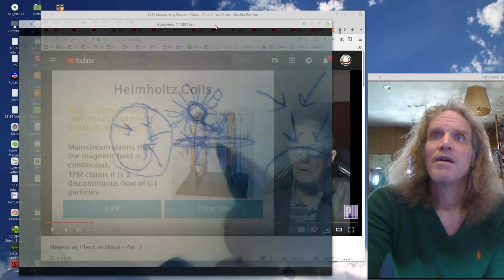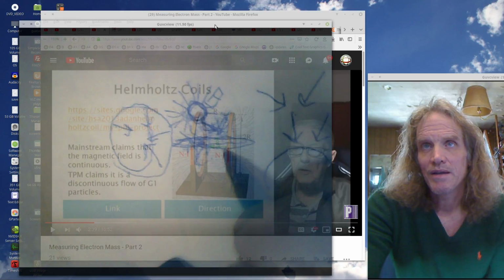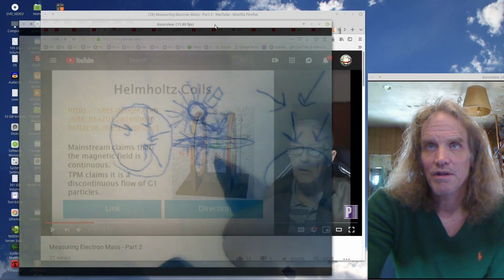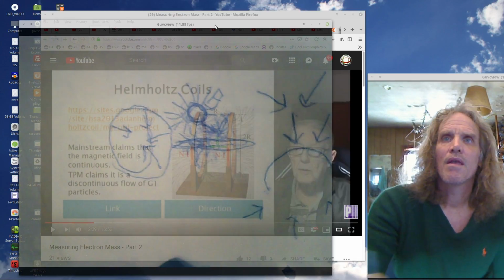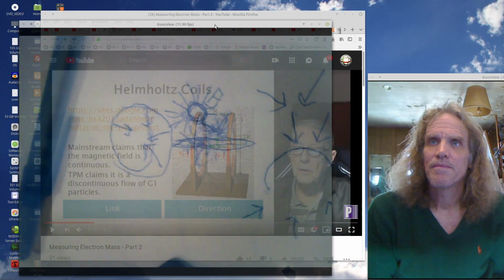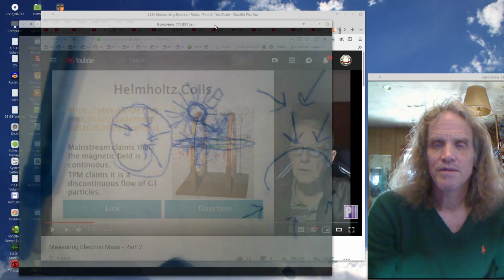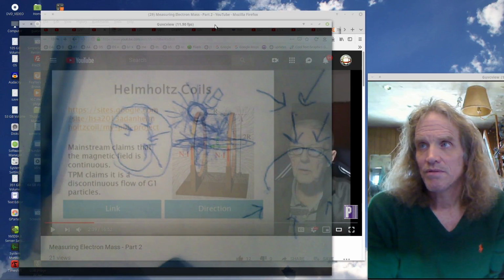And so no matter where you go, up or down or this way, you'll always be in a proportional amount of force, and you'll be deflected appropriately. So like I said, there is no movement through those two fields. It's an illusion.